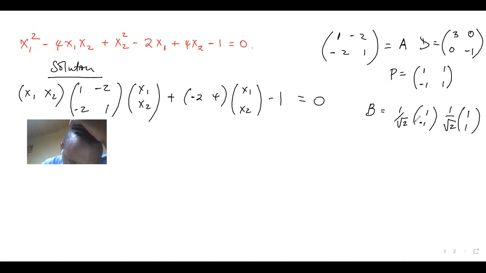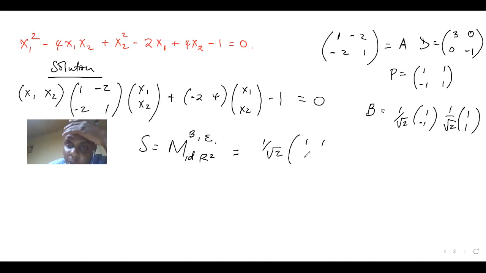And then there is the change of coordinates. So there is this thing they're calling S, the matrix where we are changing from basis E to B, with the identity on R2, which equals 1 over square root of 2 times 1, 1, -1, 1.